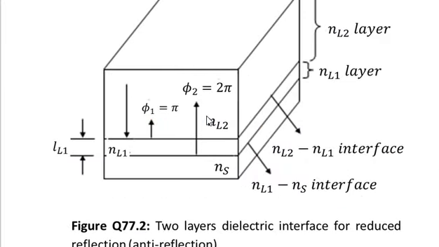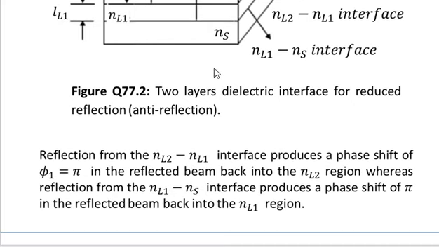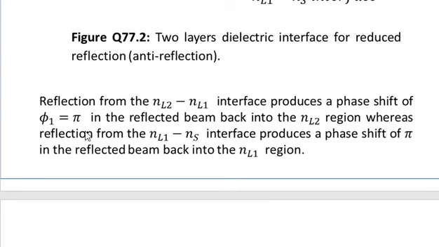I have explained this diagram, how the phase phi 2 is produced and how the phase phi 1 is produced, and these two differ in a phase of pi, so destructive interference will take place, and the reflected beam into the NL2 region will be much smaller, or near zero.